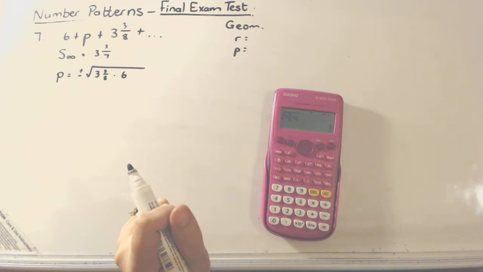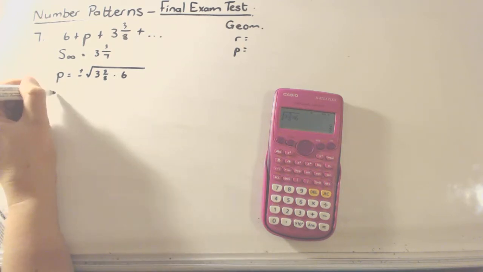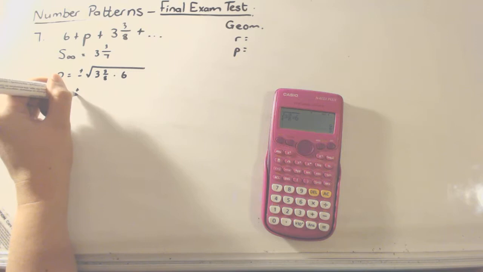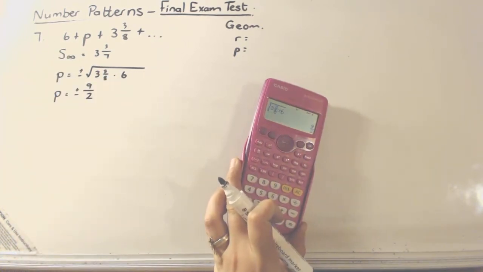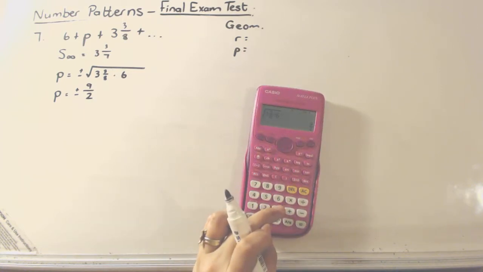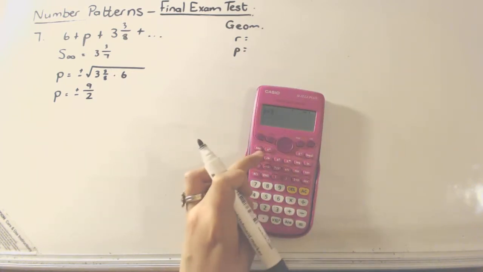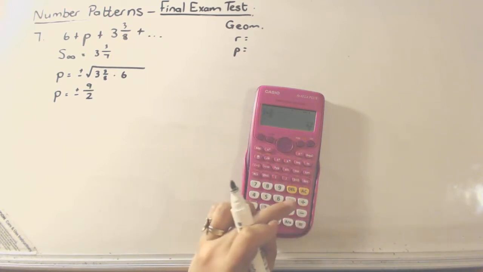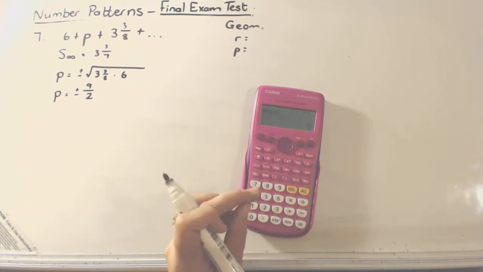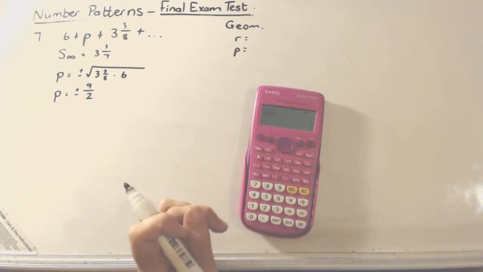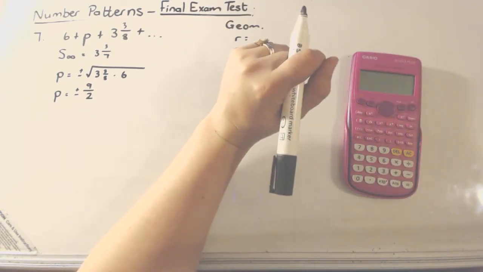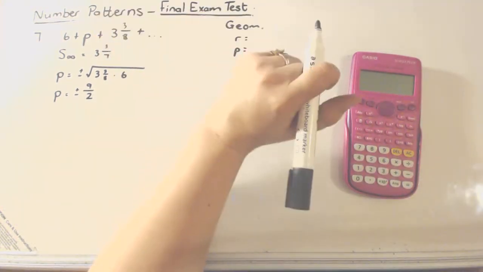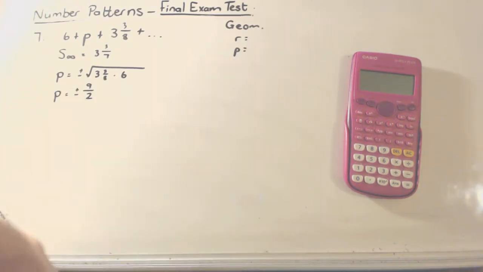Let's quickly see. Times 6, square root of that is 9 over 2, yes. Oh, that's that. Okay, yeah, so that's the value of p for question 7.